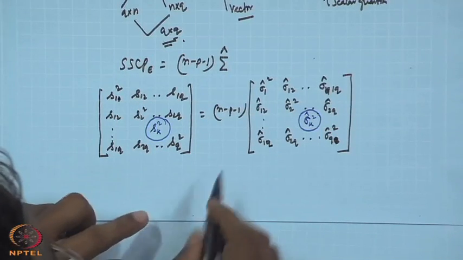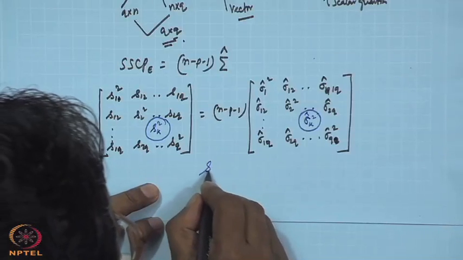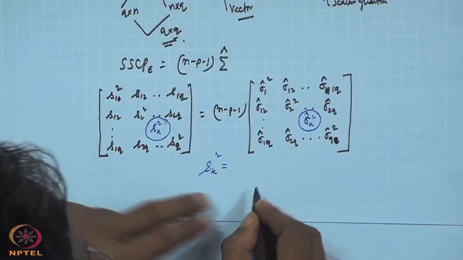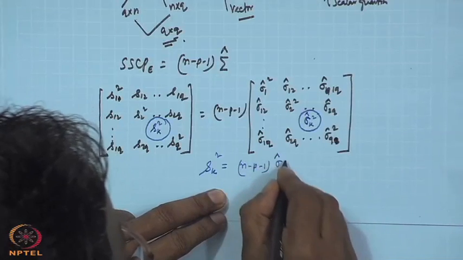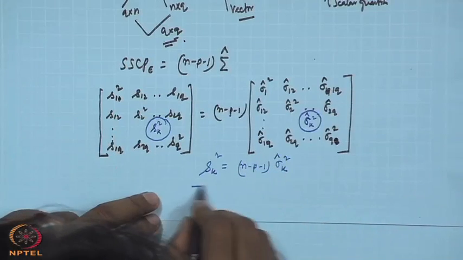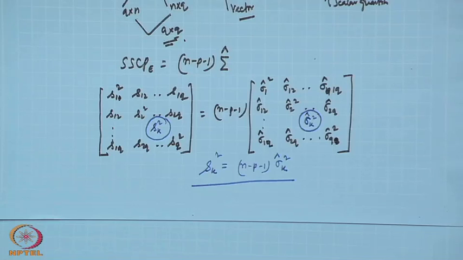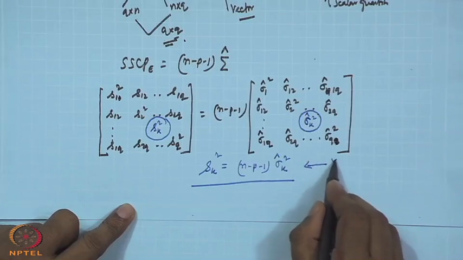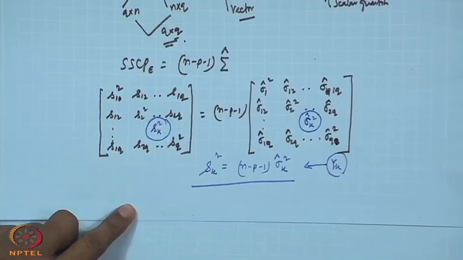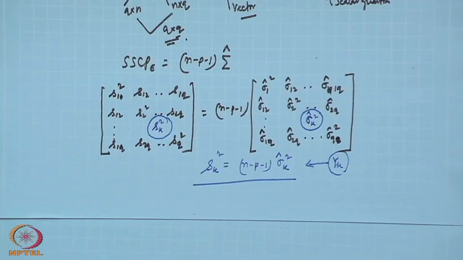Getting me? Then what is the relationship? The relationship is s_k squared equals (n minus p minus 1) times sigma-hat_k squared. So ultimately when you are saying k, that means we are talking about variable y_k. You are going back to your multiple regression case.